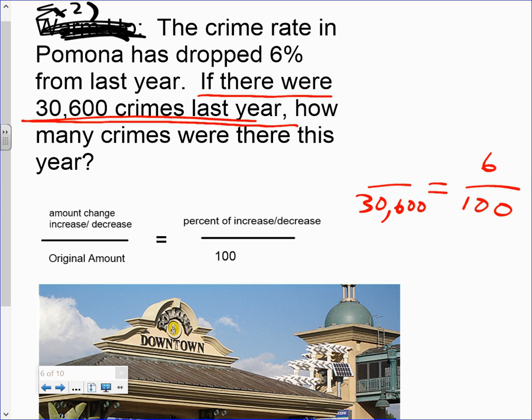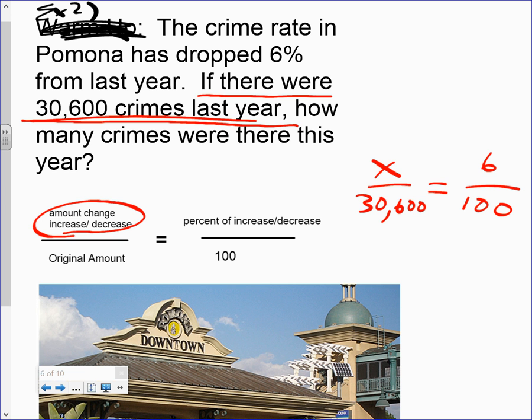How many crimes were there this year? Well, if I put X right here, what does X represent? No. Look at the formula. It'll be the amount that it changed. If we solve for X, it'll be the amount changed. That'll enable us to answer the question. The question is not how much did it change.